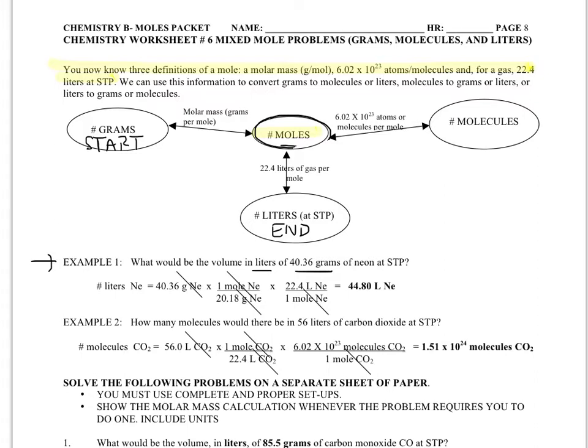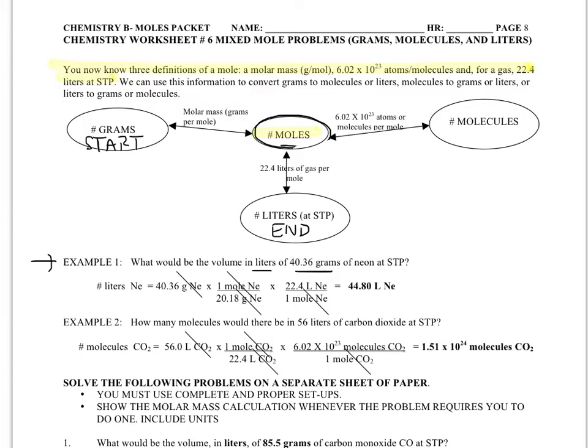So if I want to start at grams and get to liters, there is no arrow that takes me directly from grams to liters, right? So that's what tells me that this is not going to be a one-step problem.